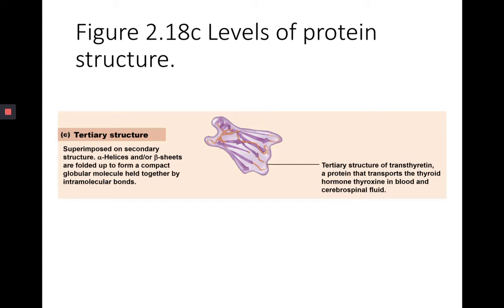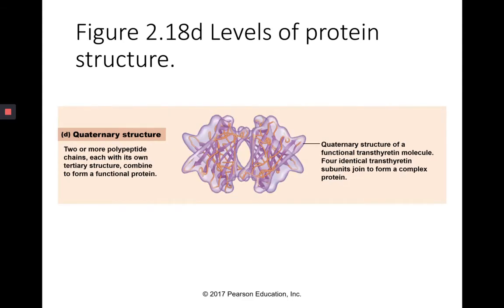It's no longer beads on a string, it's no longer just slightly coiled or zigzagged. It starts to kind of take on another shape, a shape that's kind of more full-bodied. So essentially superimposed on secondary structure, when the alpha helices or the beta sheets are folded up in a compact globular molecule, that is tertiary structure. Here's quaternary structure.